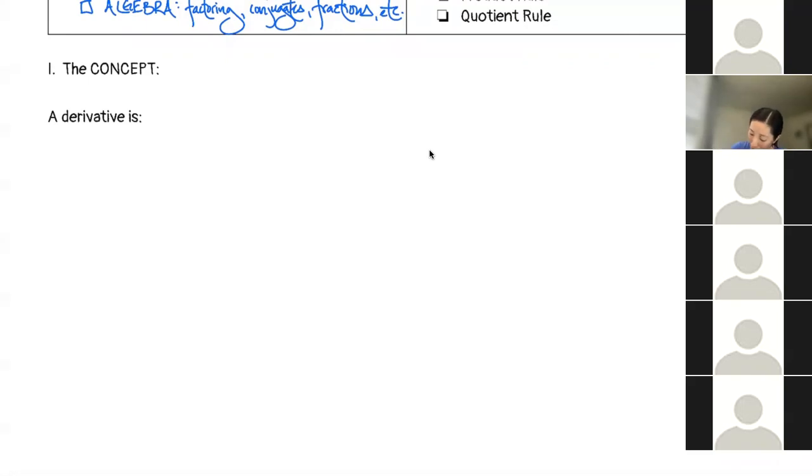So a derivative is the following, okay? You have a function. It could be any function. All my functions pretty much look like this. I don't know why, but it's a function. And in this function, if I want to find a point, let's say I have a point that is right here, all right?